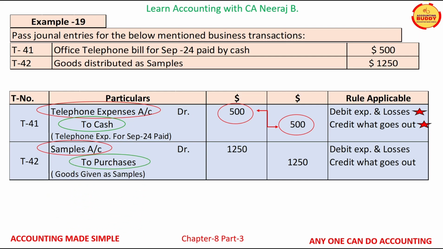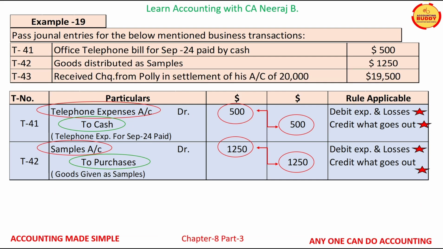Donation of goods, being the business expense, is debited as per nominal account rule of debit all expenses and losses. Since distribution of samples is not a sale, it will be credited to the purchase account as the stock of the goods will reduce. Therefore, this transaction is recorded for $1,250 by debiting sample account and crediting purchase account.